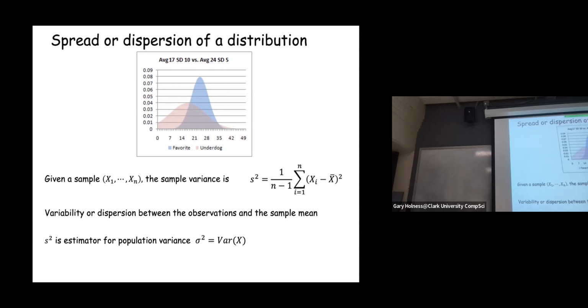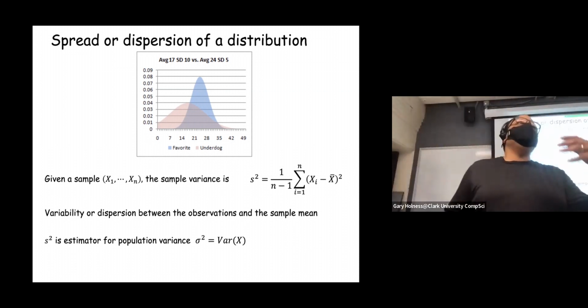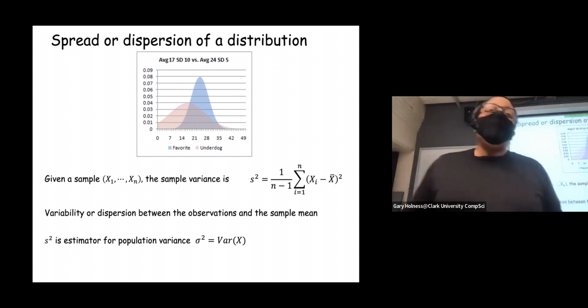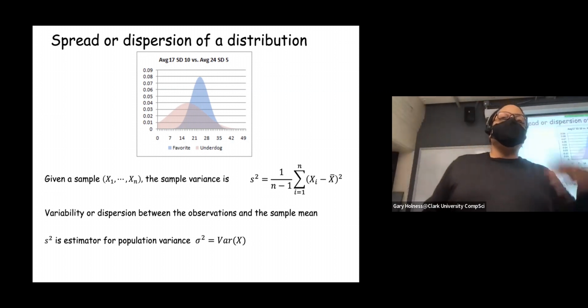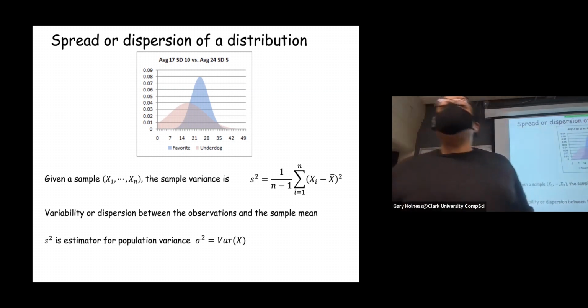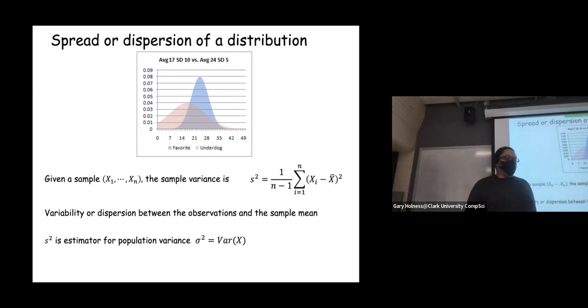And the reason for this 1 over n minus 1 instead of 1 over n is because this is a so-called unbiased estimator, meaning that by the theoretical analysis, I'll say it this way, it's exactly equal to this population quantity that you don't have access to. So this is a very good mathematical guess. Okay, any questions?